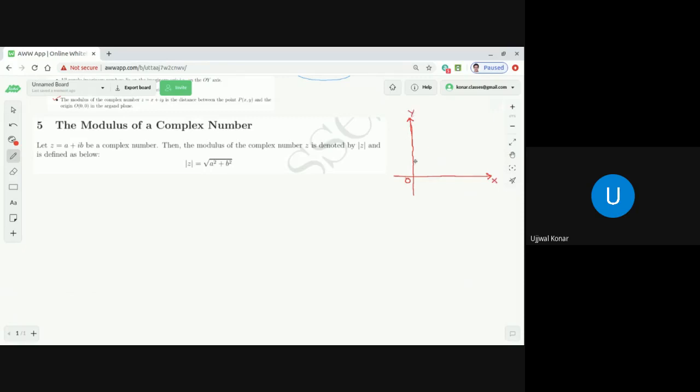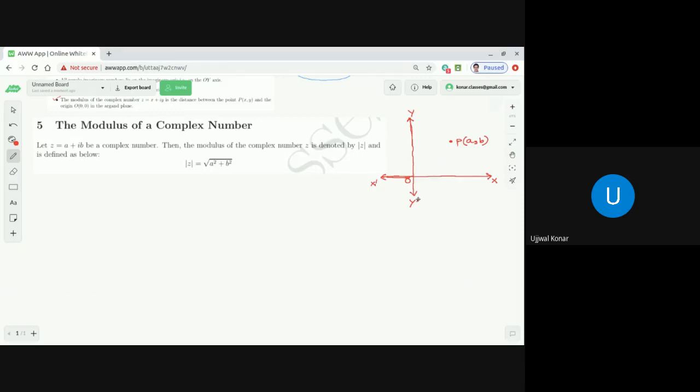Let's assume for the sake of simplicity that both a and b are positive, so we can place the point here. You can place it in the negative direction as well, but we are not considering that for simplicity.